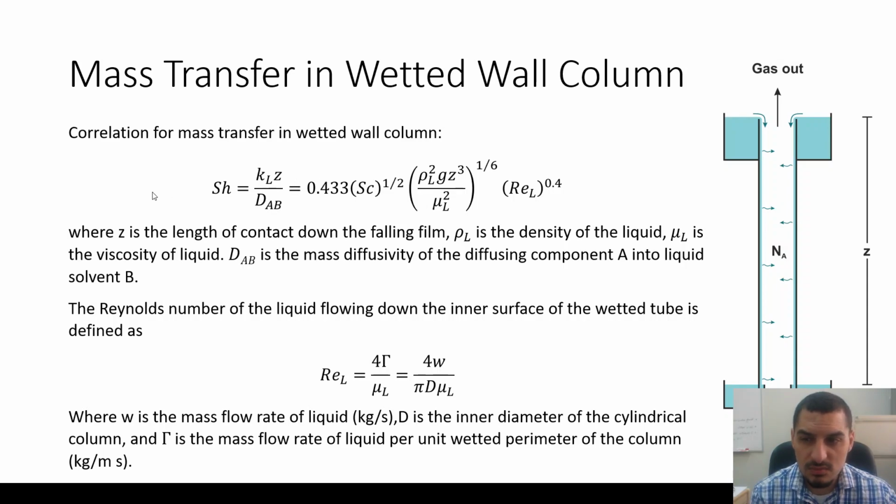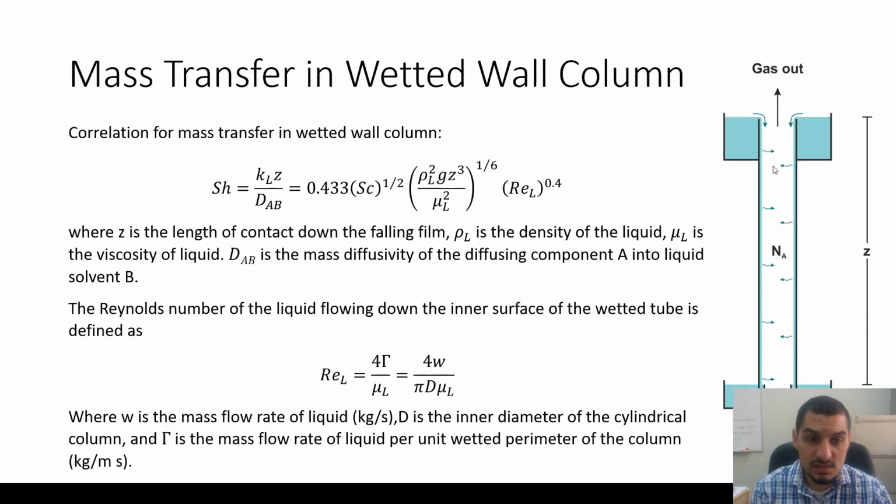It is important to know that this is the mass transfer coefficient in the liquid phase. This is because all these parameters here are liquid phase parameters. This Reynolds number is the liquid phase Reynolds number. So we do this for the liquid phase.